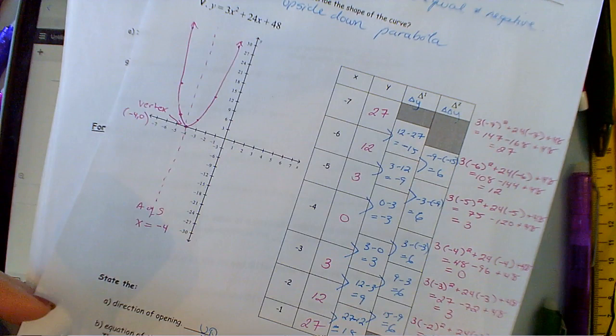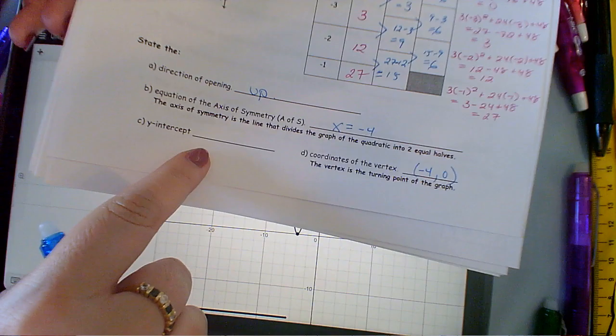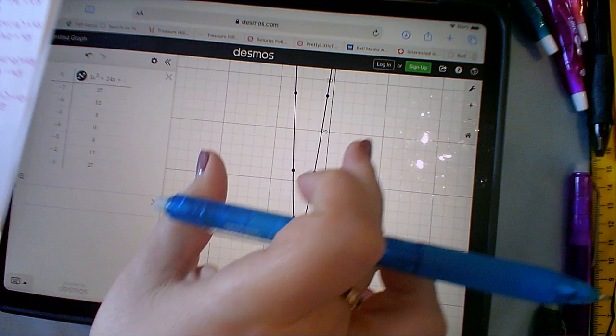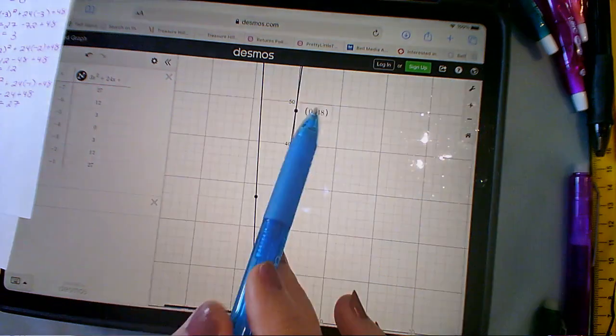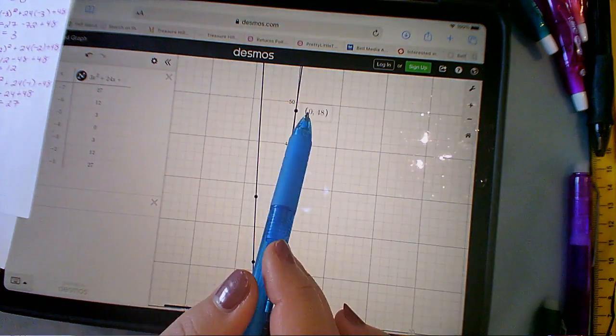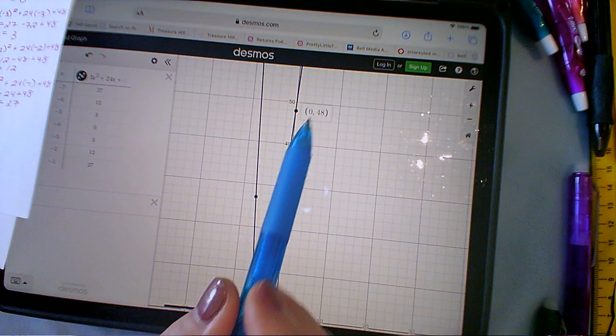So I have to look on the graph in order to get my y-intercept, because I wasn't able to get that off my picture; it wasn't good enough. So as we scroll up, where are we? There we go. Whenever x is 0, whatever the other number is, that's your y-intercept. So it crosses at positive 48, which was off my grid. I don't even go up to 48.